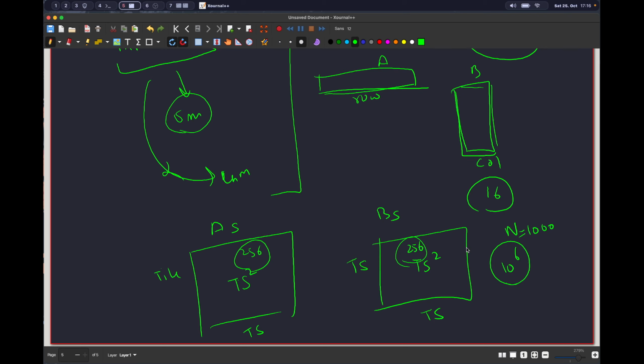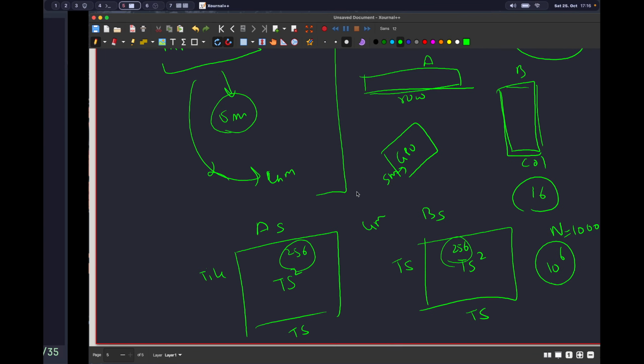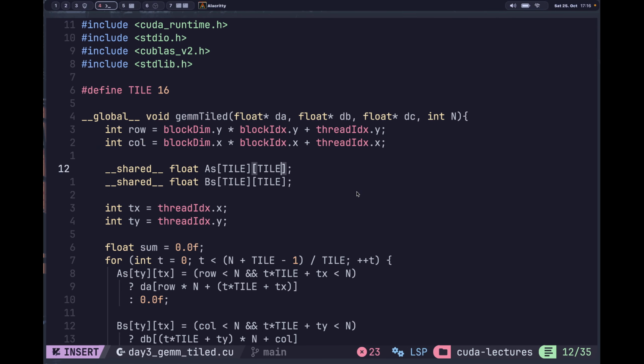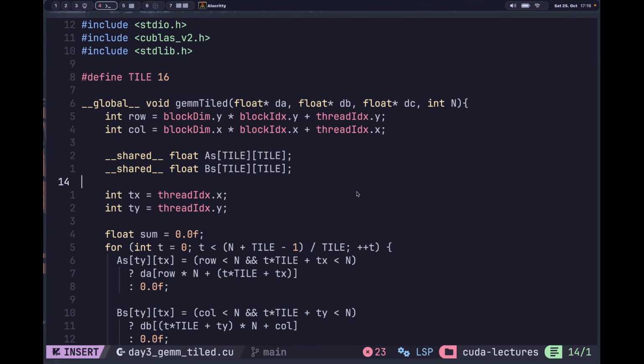You're storing less, but shared memory is closer to the processing unit on the GPU compared to global memory. So let's say global memory is here, shared memory is much closer to the GPU, and the access is much faster. It is similar to L1 cache and L2 cache and registers and everything. So the closer you are to your processing unit, the faster your speed of accessing is going to be. That is the general concept.